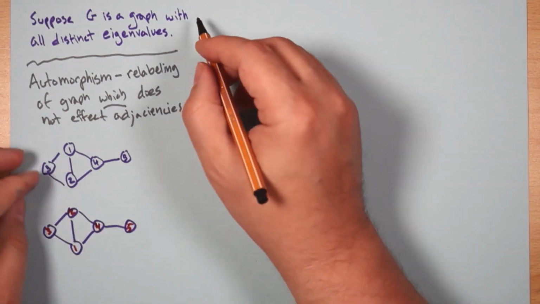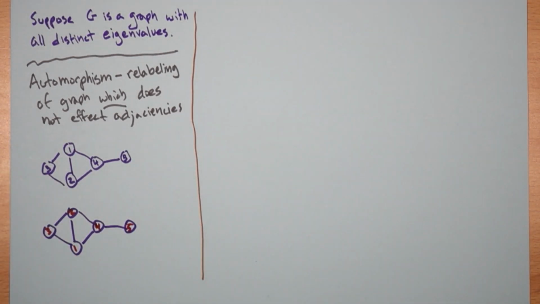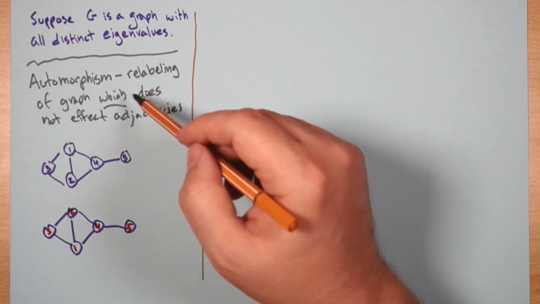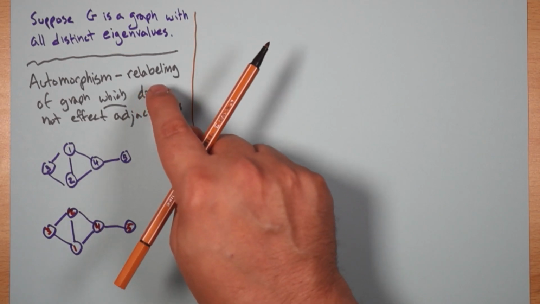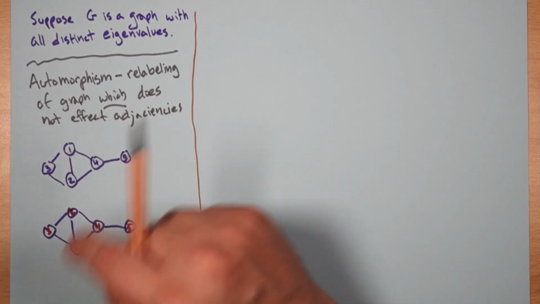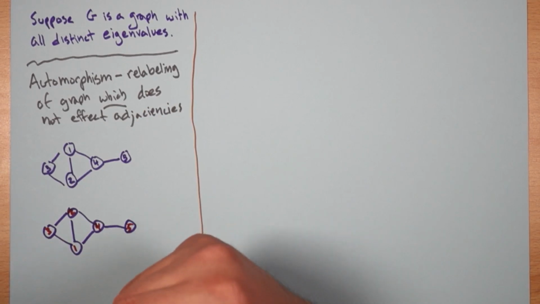All right, well, thinking about what's going on with our matrices, what can we do? Well, we can look at what it means to relabel. In particular, I'm relabeling the vertices. I maybe should have emphasized that, but I'm saying it now, relabeling the vertices. If you think about the adjacency matrix, the vertices correspond to rows and columns.